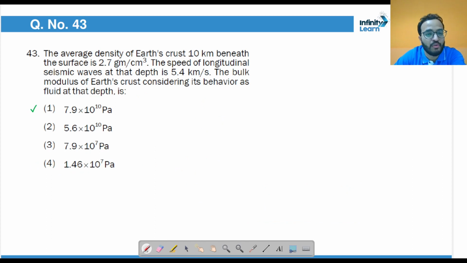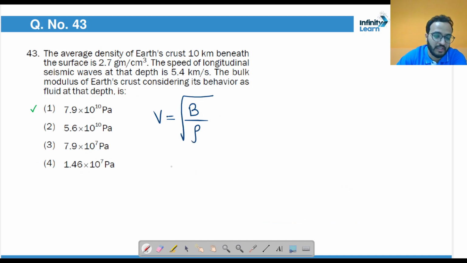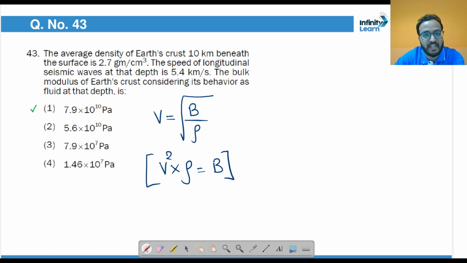43. We know the formula for velocity. It is root over bulk modulus upon density, right? So it is v square into rho is equals to bulk modulus. This is the formula you have to use. Be very careful. It is 5.4 kilometer per second. So don't forget to convert kilometer into meter and gram per centimeter cube into kg per meter cube, right?